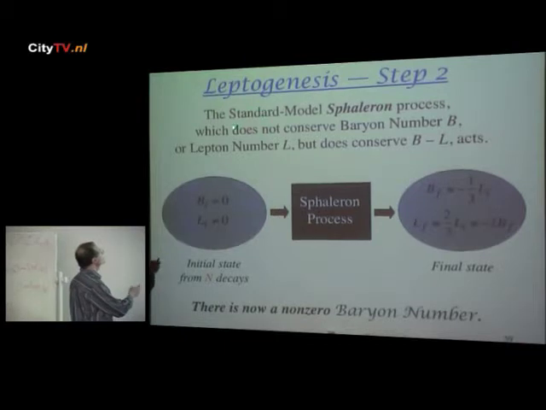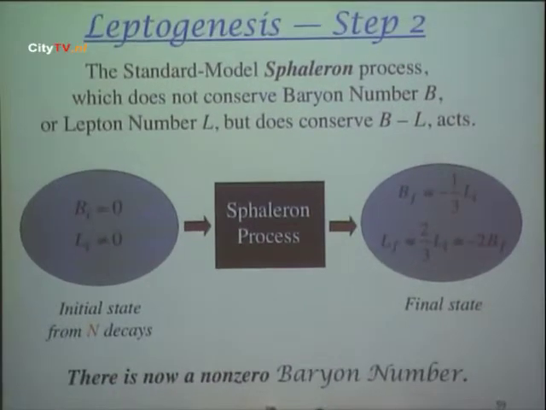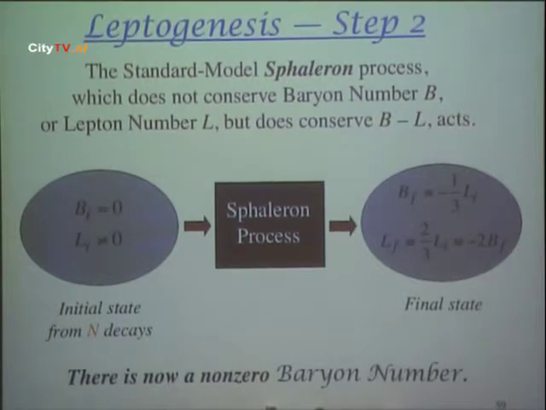In step two, a standard model process predicted by the very well confirmed standard model of Glashow, Salam, Weinberg, called the sphaleron process, which is non-perturbative, which does not conserve the baryon number, which distinguishes neutron from antineutron, or the lepton number, which distinguishes electron from positron, but does conserve their difference, acts.